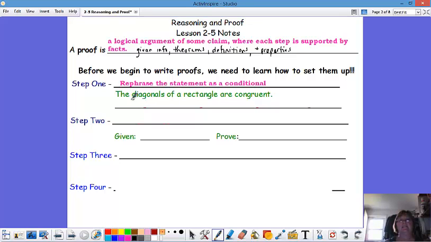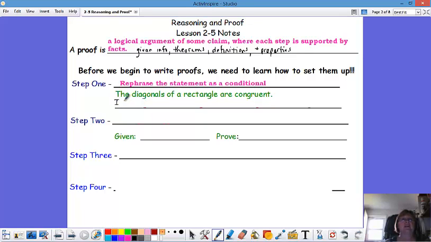In this case, we probably are going to want to say something about if a figure is a rectangle, then its diagonals are congruent. So we've got to change the phrasing a little bit to get that if-then statement to set up correctly.